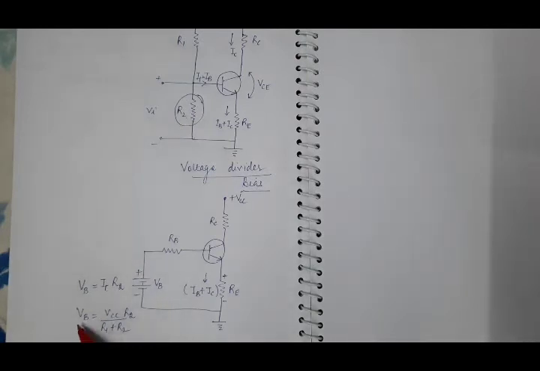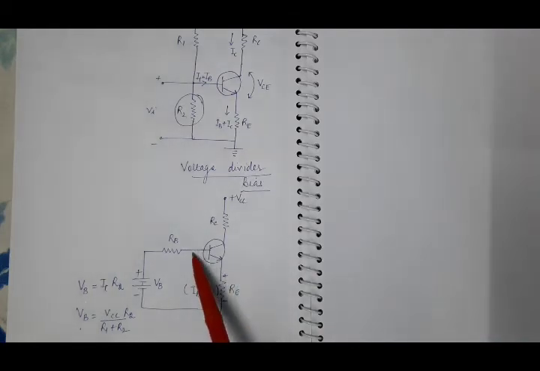And why are we changing this value of base voltage? Because when this emitter current increases the voltage drop across this RE, it will reverse bias this base emitter junction.